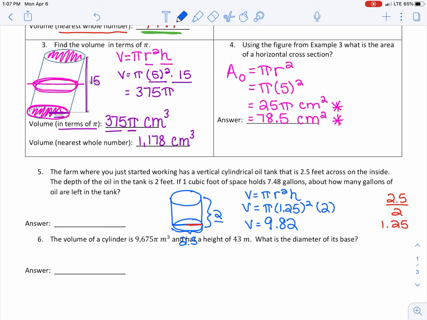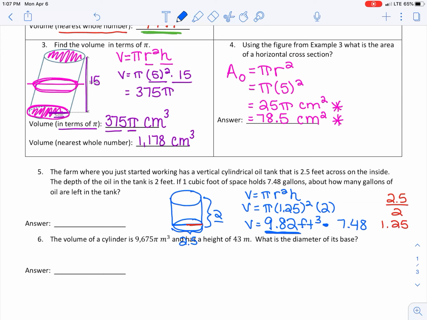Okay, and it says if 1 cubic foot, this is feet cubed, of space holds 7.48 gallons, about how many gallons of oil are left in the tank. So if it was empty and we're trying to fill this, what we need to do with this number, since it has this many cubic feet, so 9.82 cubic feet, we're going to take that and figure out how much oil it can hold in gallons if we multiply this by 7.48.